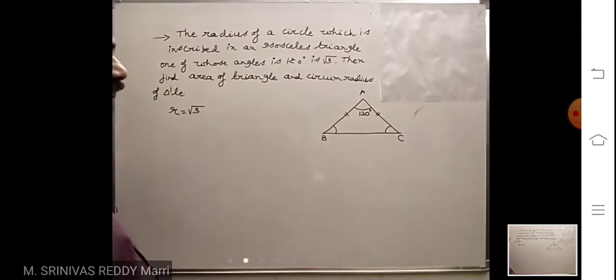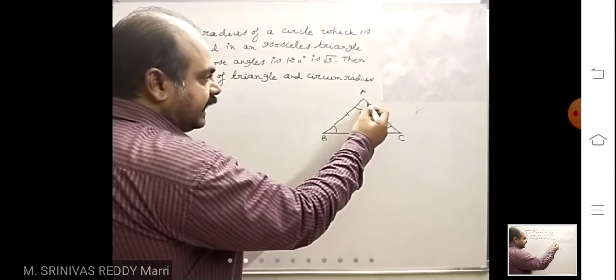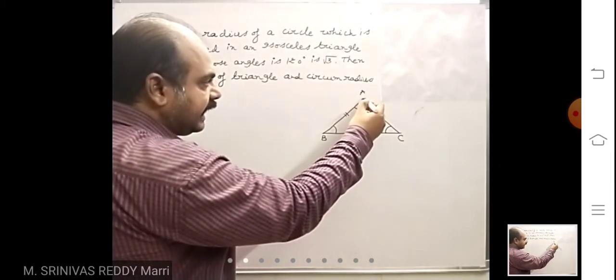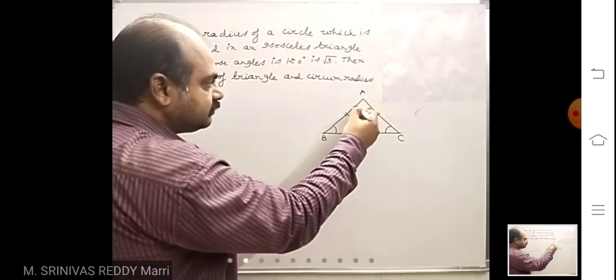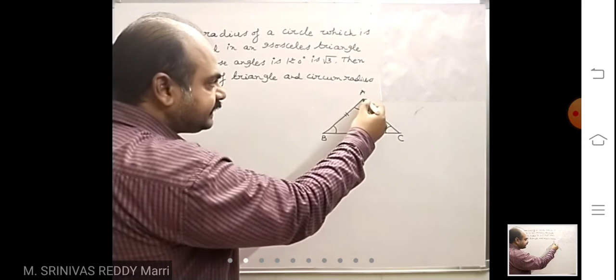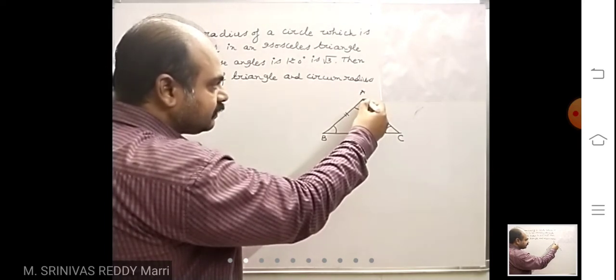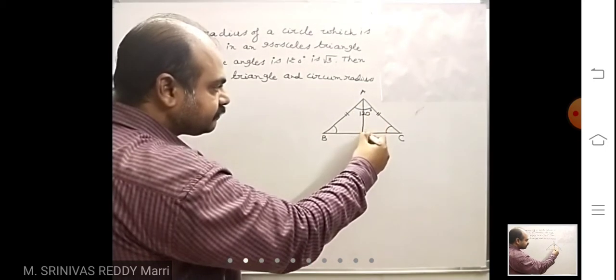So now look at, I am plotting the incenter, right? I am drawing one angular bisector, bisecting the angle here. I am dropping one perpendicular. This is one angular bisector.